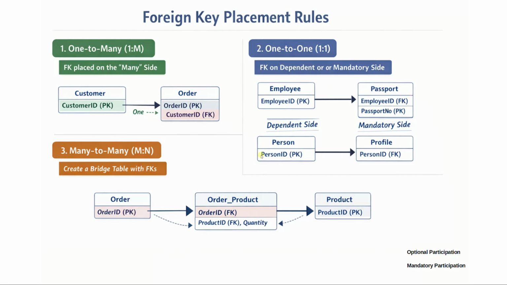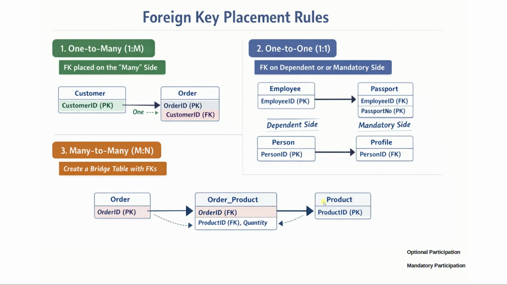But if we have a many-to-many relationship, we cannot implement that directly in a database management system. The rule for adding the foreign key is that you will split this. One order has many products, and one product could be in many orders, so this is a many-to-many relationship. How do we do it? We bring another entity in between these two, called an associative entity, bridge table, or junction table, that connects these two tables.